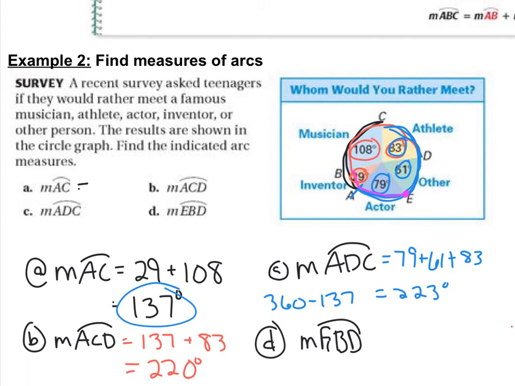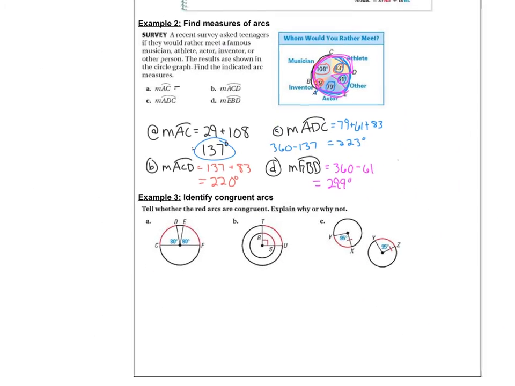We're going here all the way around to D. Now, this is the time where I would suggest that this little piece right here that we're not using, 61 degrees, let's use that and take 360 and subtract 61 from it to give us 299. Now, why did I subtract? Well, we're only missing this little piece, so you could add all 4 of those up. You should still get 299, or I could take 360 minus 61 and get 299. All right, so just know you can add or subtract either way.